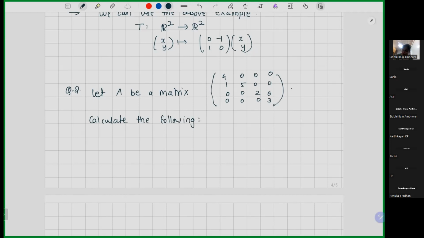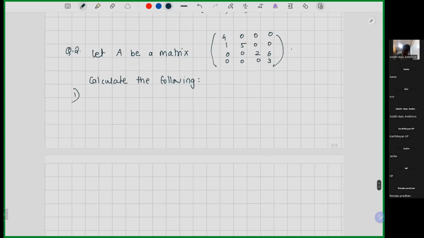So we will be calculating a few things. The first question they are asking is: the smallest eigenvalue of A is what?